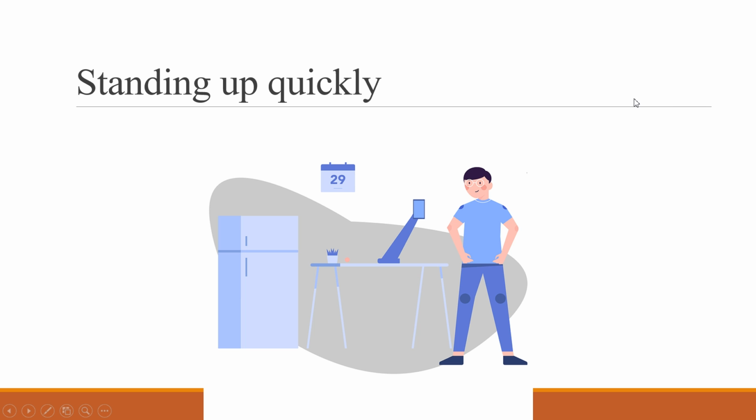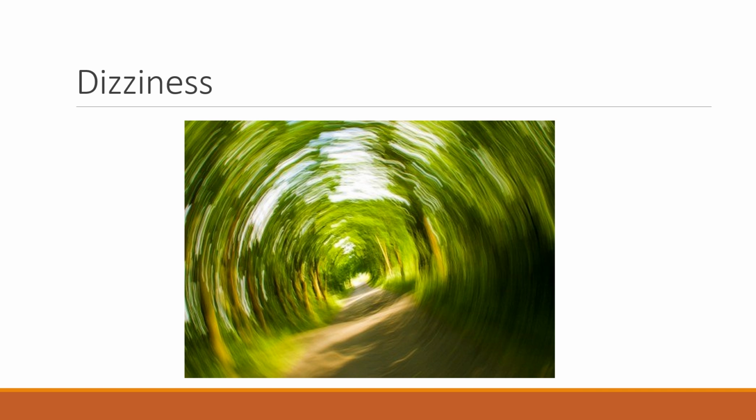What happens when he stands up quickly after such a long duration of 5 to 6 hours? If he stands up suddenly, he gets dizziness. What is the reason for the dizziness? This is due to the heavy fall of blood pressure from the upper region of the body towards the lower region.